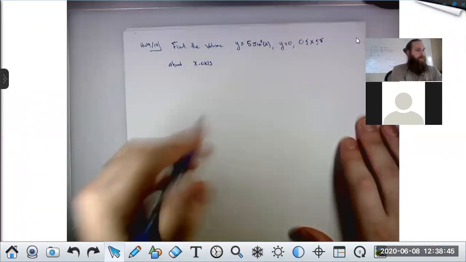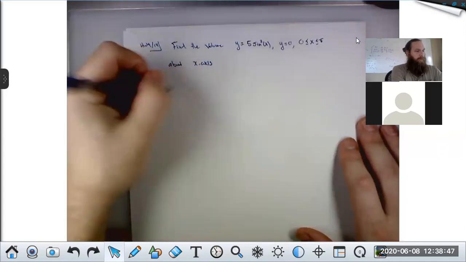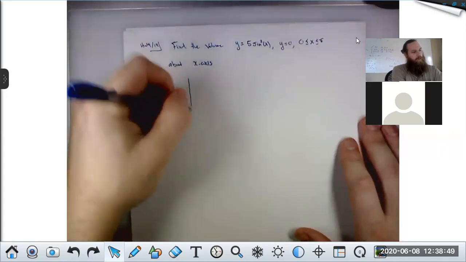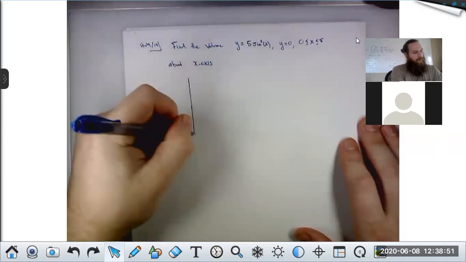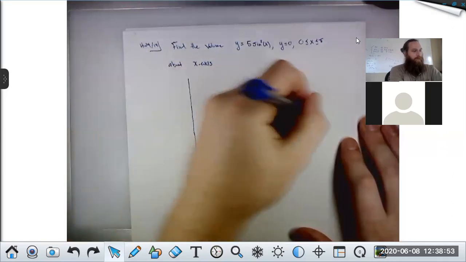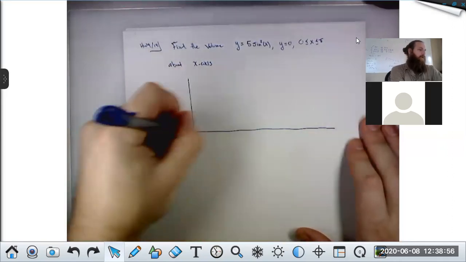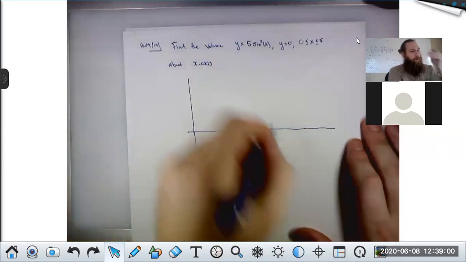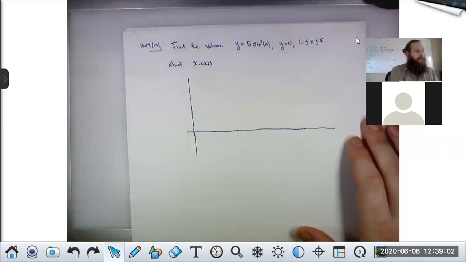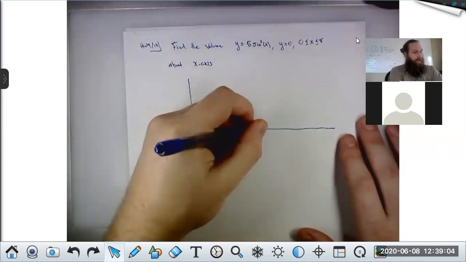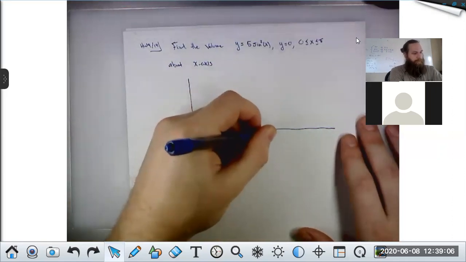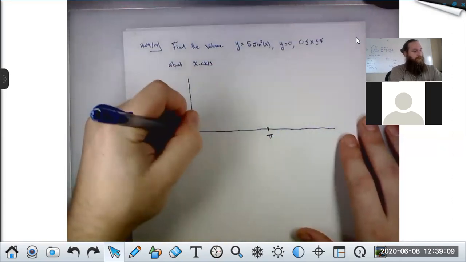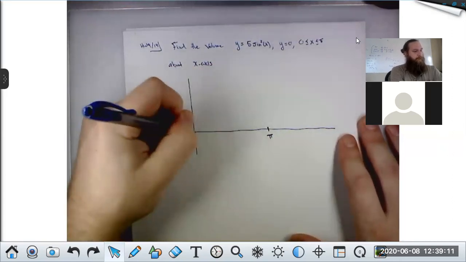So I'll start with a sketch of this curve. You could be forgiven if you don't know what sine squared looks like. If you take the regular sine wave and you kind of force all the negative parts to be positive, it looks about like that. I'm going to mark this as pi. Sine squared from 0 to pi kind of looks parabolic.